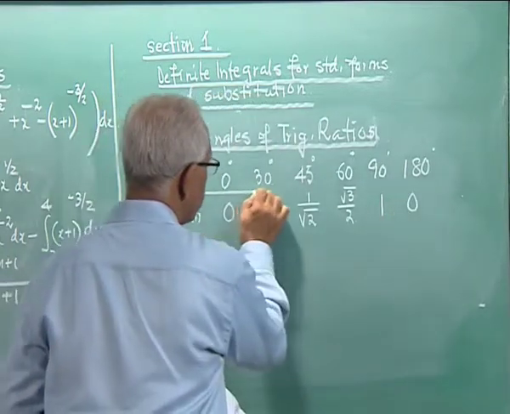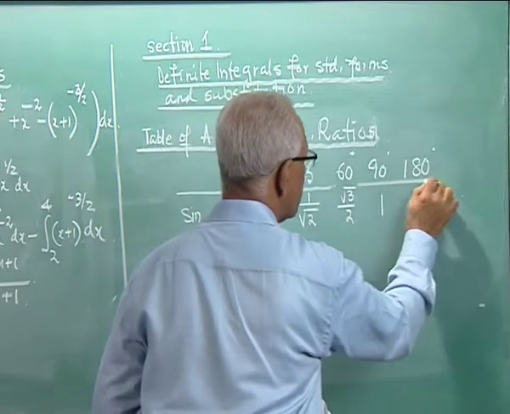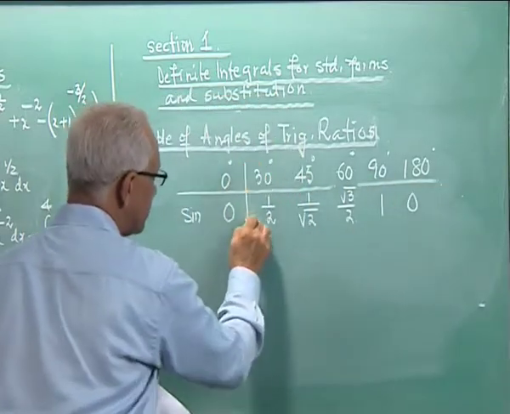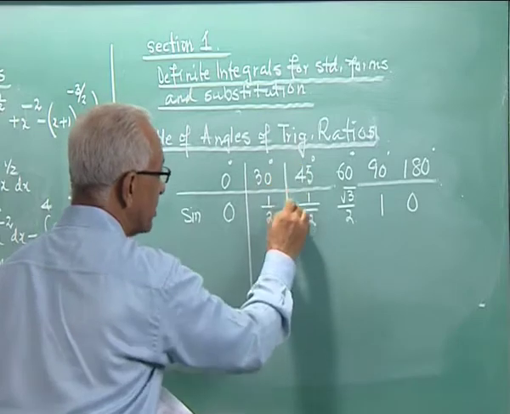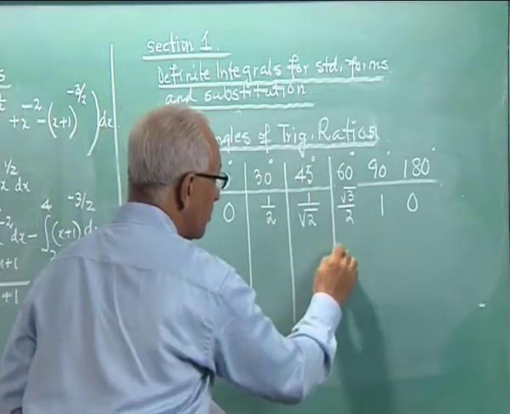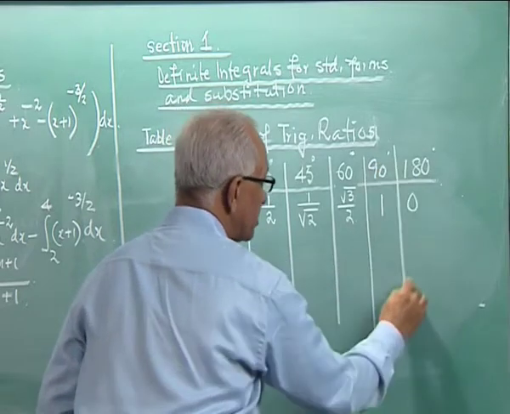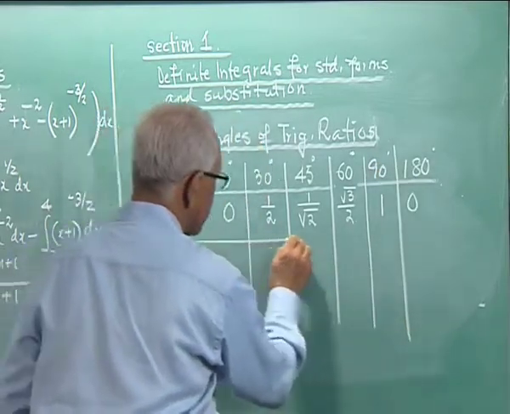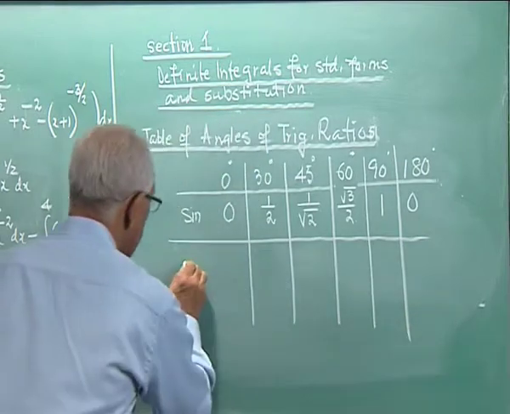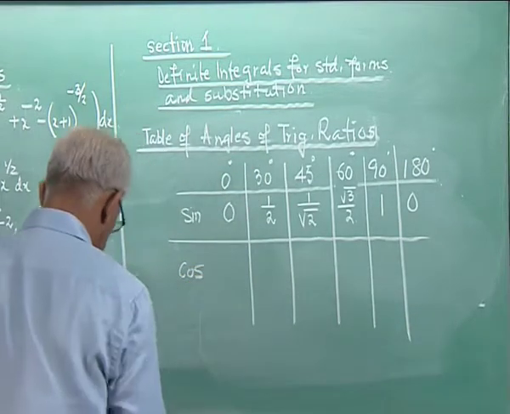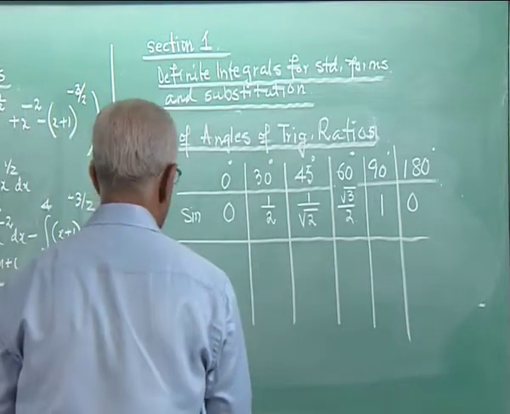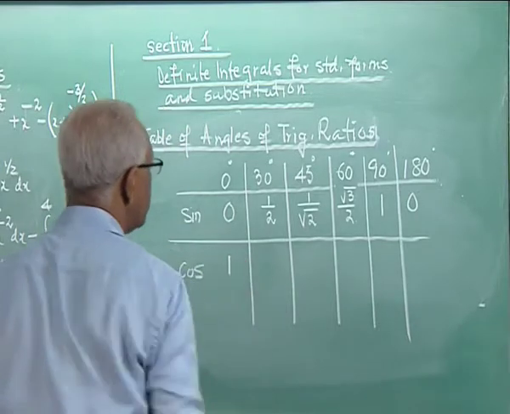So let me frame it in a very tabular form. It will make it more easy for you to understand. I'll be giving only the standard forms which we will be using more often. This is what we call sine. Then I can have cos, that means cosine. We will be having cos 0 as 1.